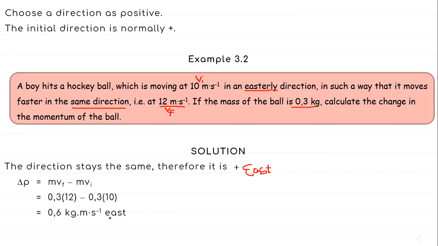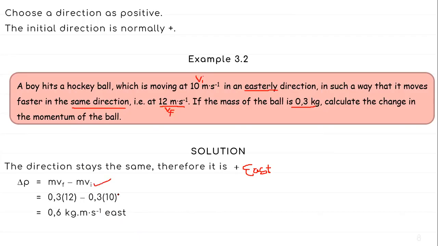If we use east, then you must use east, and the other direction will be west. If we use right, then you must use right, and the other direction will be left. So if you said 0.6 kilograms dot meter per second east, you will actually forfeit the mark for the direction.